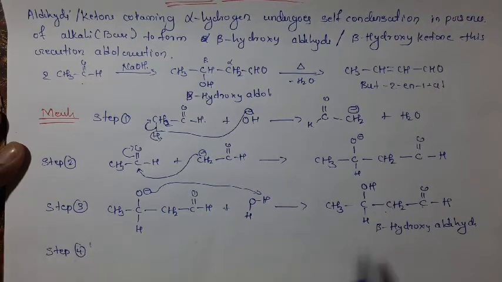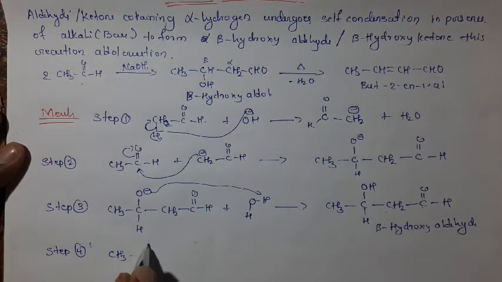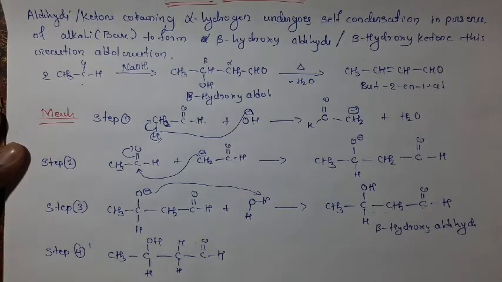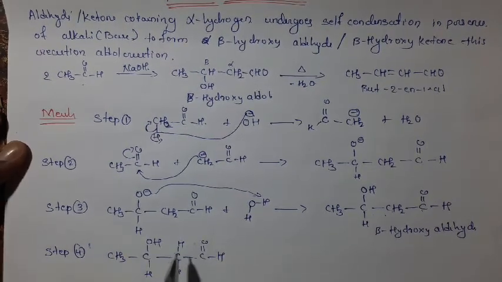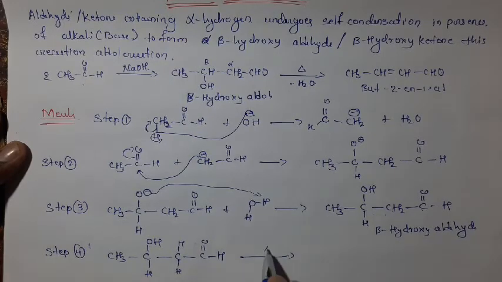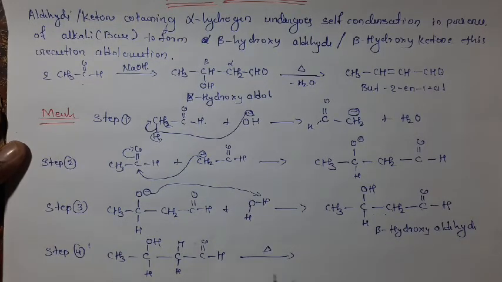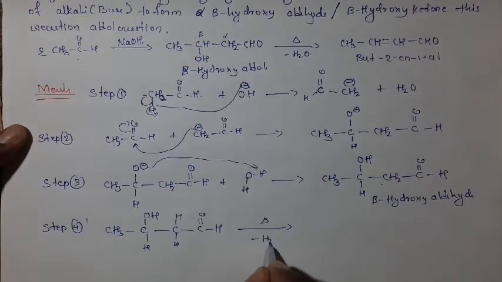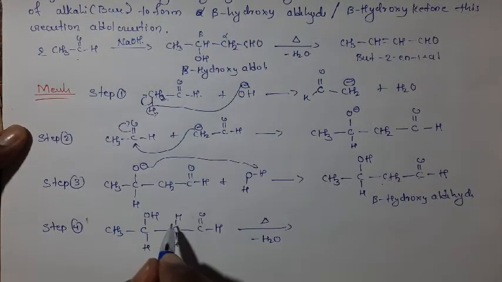This beta hydroxy aldehyde, when heated further in step number 4, like this: CH3 C OH H, CH2 C double bond O H, this is our beta hydroxy aldehyde. When this is heated to a higher temperature, it eliminates one water molecule.